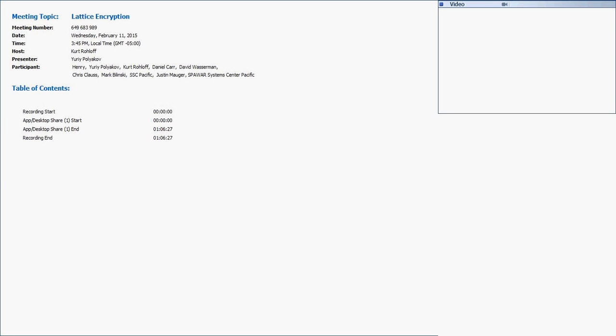Written down, certain polynomials S and E with small coefficients are used to compute B. The idea is that when you're given the values of A and B, it's very hard to find the components of S, and actually very hard to find the values of the error vector as well. So you have A and B, and you need to find the values S and E. That's a very hard problem. I'll explain it a little bit.